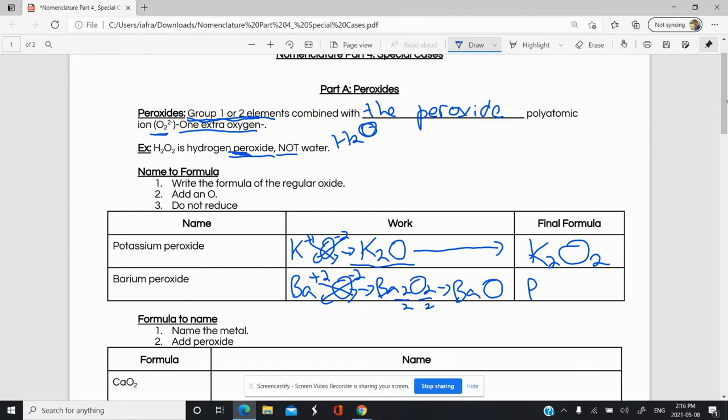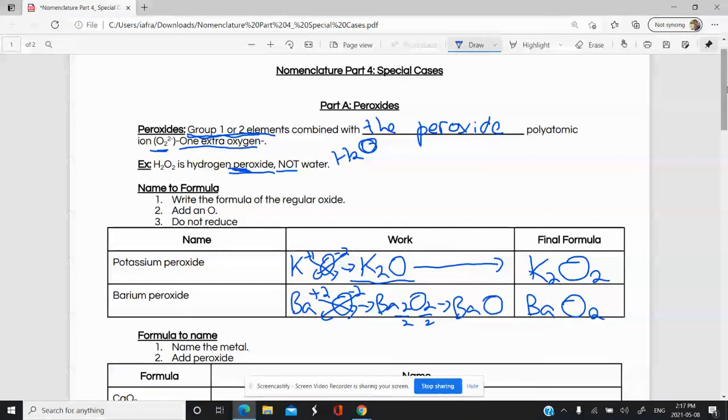So we'll get BaO2, and that's our barium peroxide. And that is how you write formulas for peroxides. So again, regular oxide here, add the extra oxygen to get the peroxide.